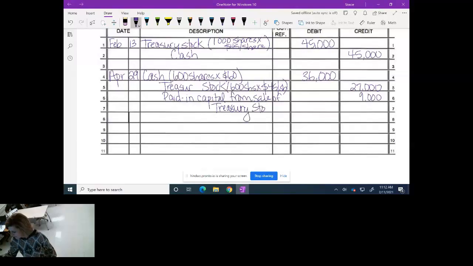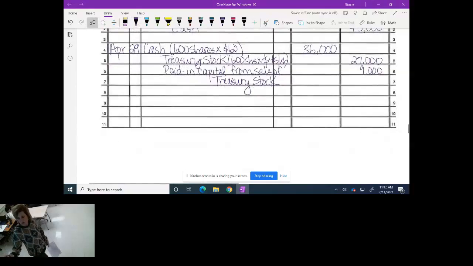Now, what's different about this paid-in capital account is you can actually debit or credit that paid-in capital account because you're going to see in the next entry, they sell the remaining shares at an amount that's less than what they paid for them. But we still got to get them out of the Treasury stock account at cost.